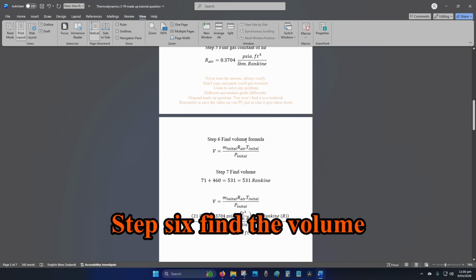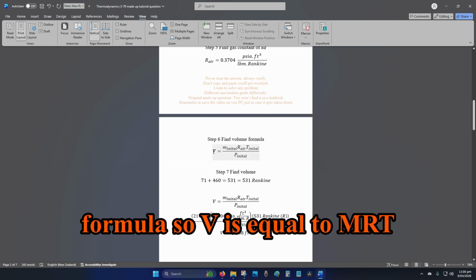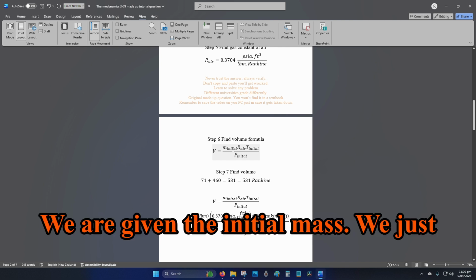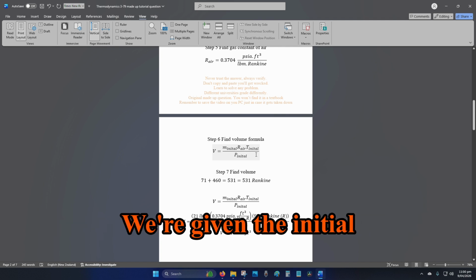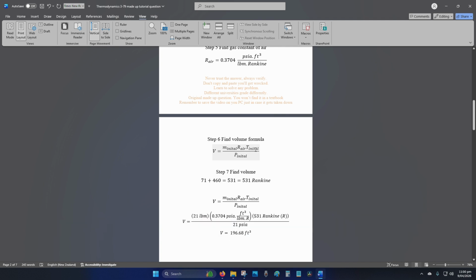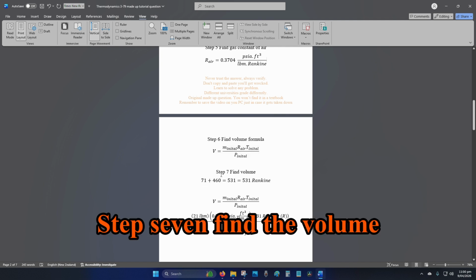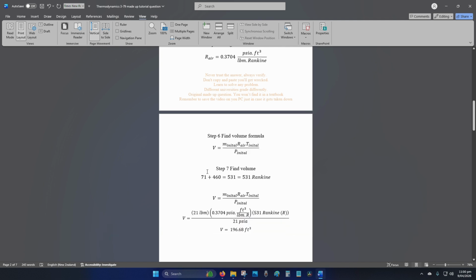Step 6, find the volume formula. So V is equal to mRT divided by P. We are given the initial mass, we just found the gas constant, and we're given the initial temperature and the initial pressure. So step 7, find the volume.